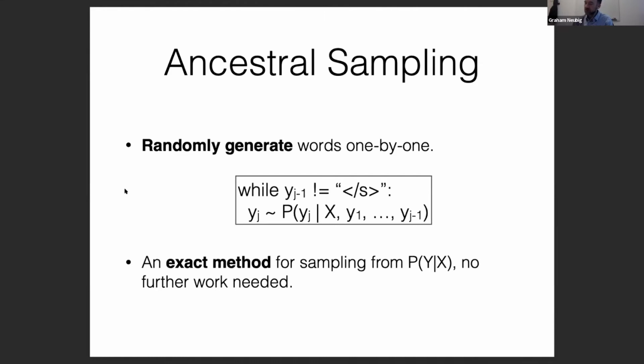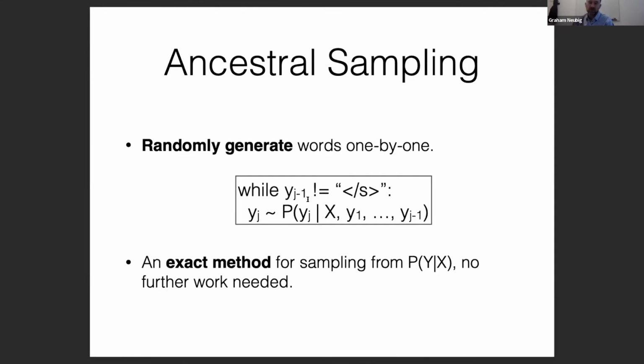So this will give you samples that exactly follow the probability distribution that the model specifies. If you had a really, really good model that only assigned probability to y that were plausible translations for x, then probably this sampling would be fine.